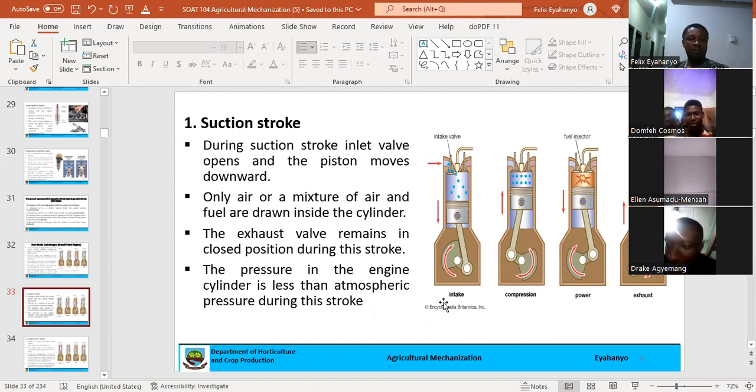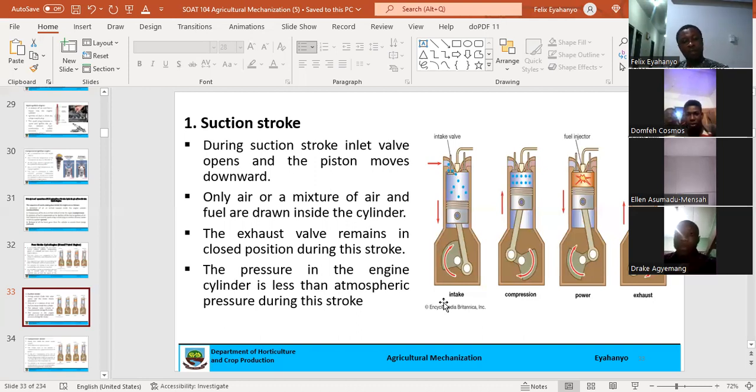There are two valves, the intake valve and the exhaust valve. The exhaust valve is closed in the suction stage, but the intake valve is open to allow the air or air-fuel mixture into the cylinder.